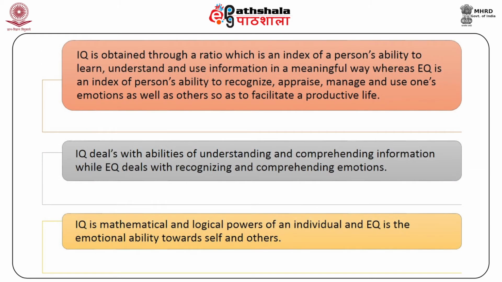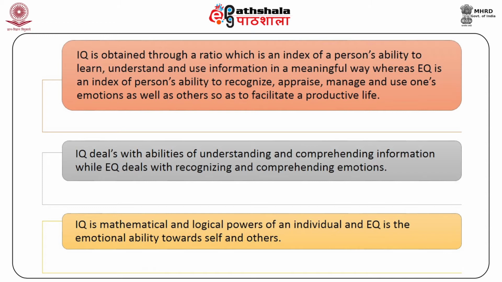IQ is obtained through a ratio which is an index of a person's ability to learn, understand, and use information in a meaningful way, whereas EQ is an index of a person's ability to recognize, appraise, manage, and use one's emotions as well as others' so as to facilitate a productive life.